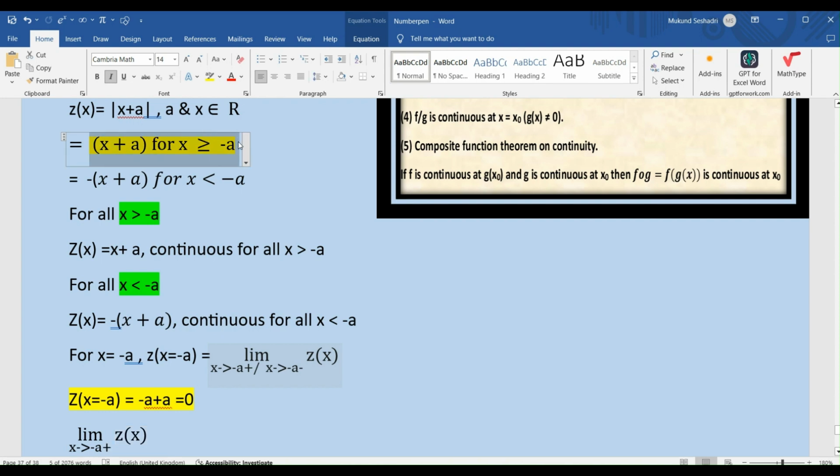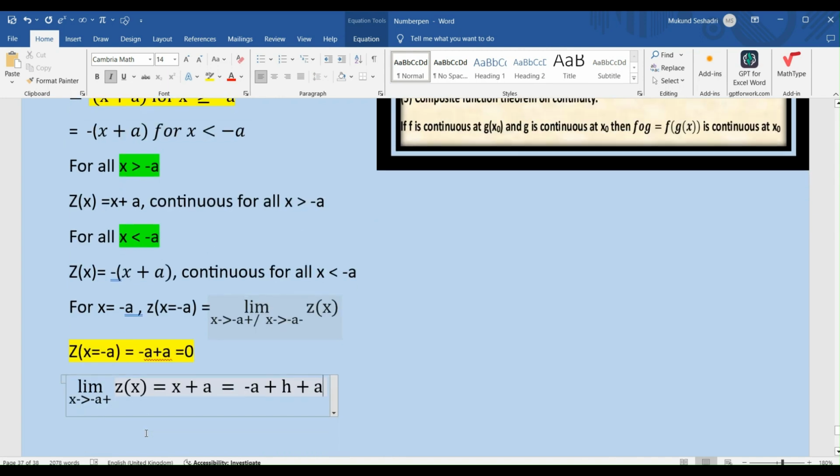The same function which we applied for x equals minus a, because as per mod definition, for x greater than or equal to minus a, we will have to apply the function z of x equals x plus a. So when I do that, x plus a, and then I have minus a plus h plus a.